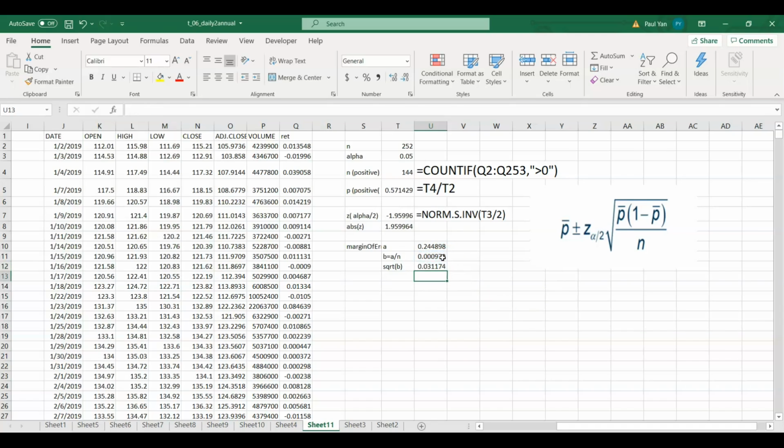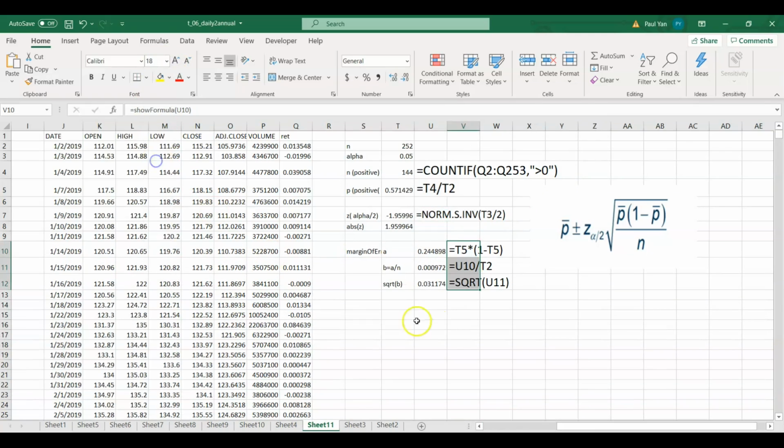And finally we have the margin of error. I'm going to use the show formula here. We defined P times 1 minus P as A. Then we define B as A divided by N. Then the square root of B will be this one here.